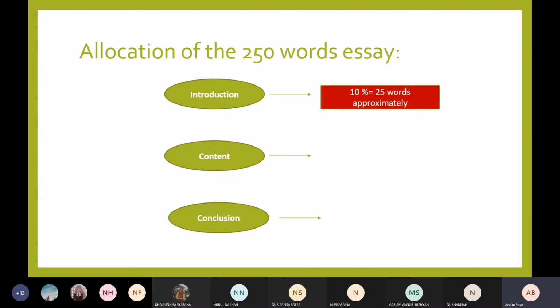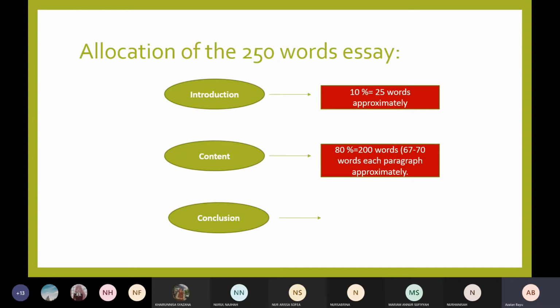Untuk introduction just 10%, lebih kurang 25 patah perkataan, tapi you janganlah exact sangat, just lebih kurang 2 to 3 sentences. Alright, content lebih kurang 80% dalam 200 words.